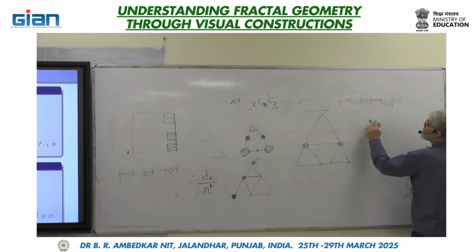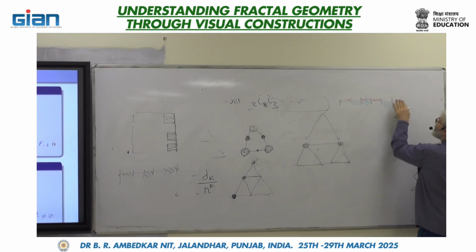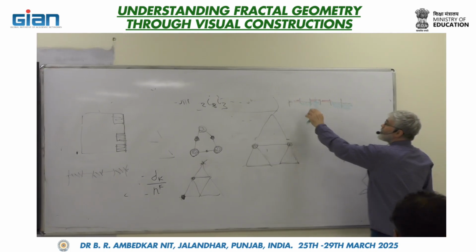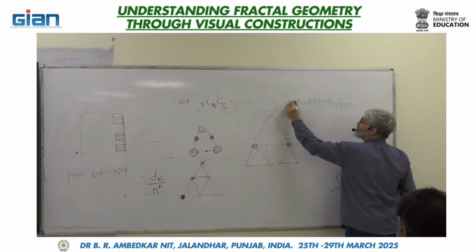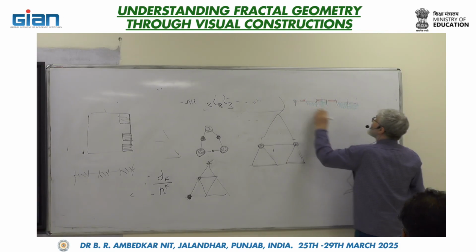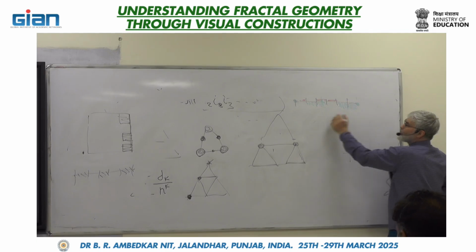When it is countable, for example, consider the case when we have these copies and these copies. If the red fractal segment contains this copy, then it contains this point. If the green fractal segment contains this copy, it contains this point.